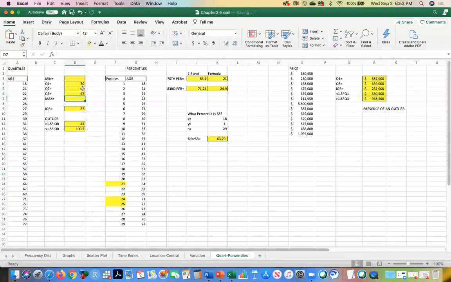So in this case, I am doing here quartile 4. So we need, this is the interquartile.